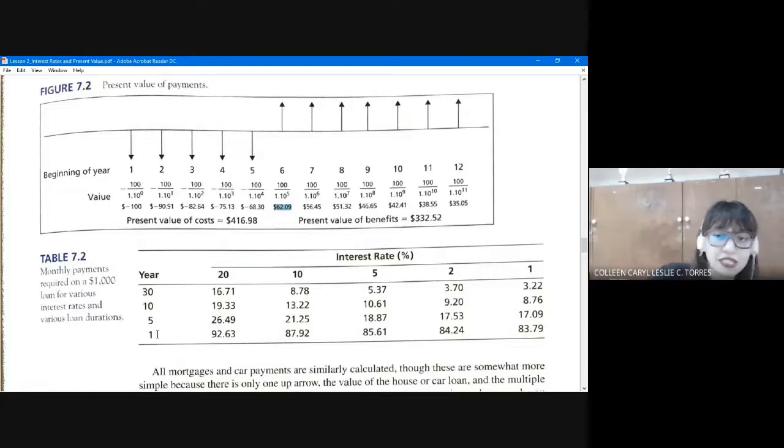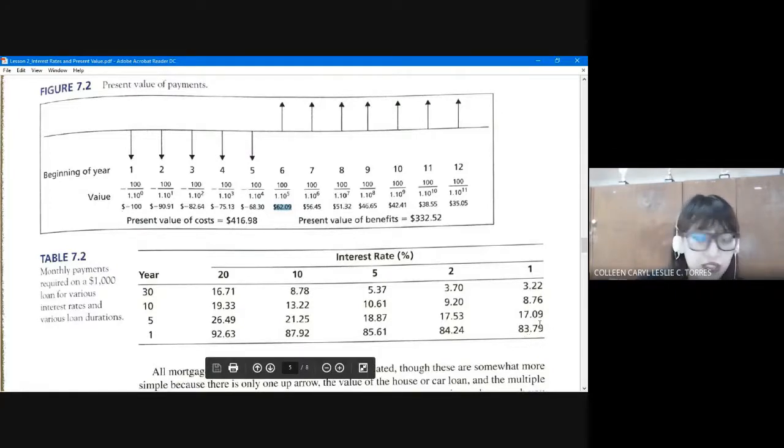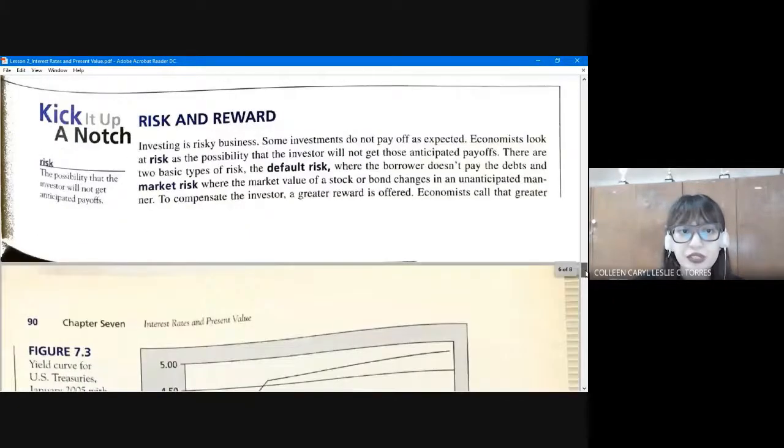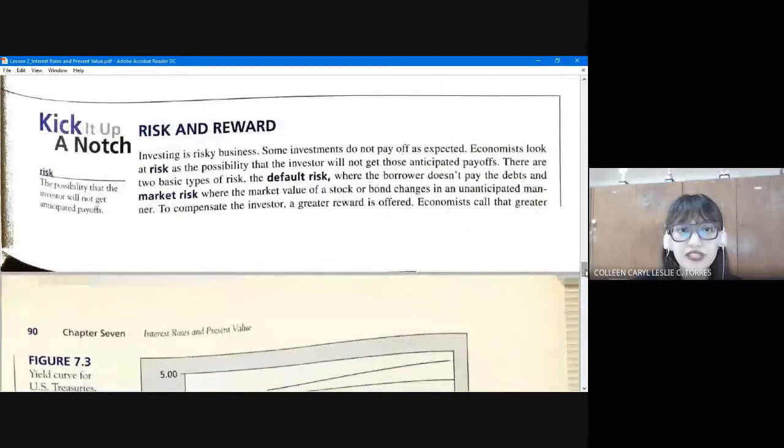Basically that's $83, 4,189 pesos at 1% interest rate. So these values equate to the monthly payments at these indicated interest rates.